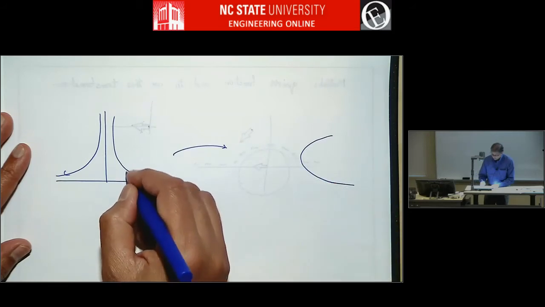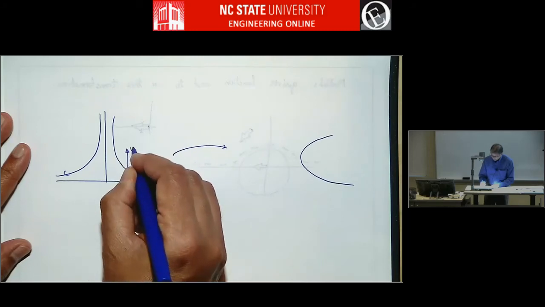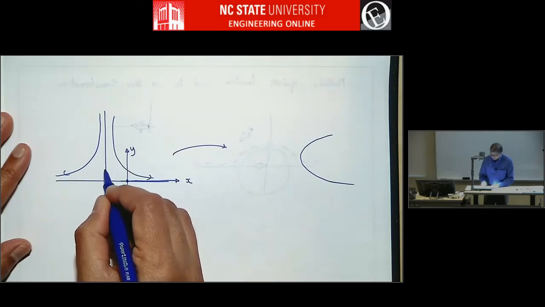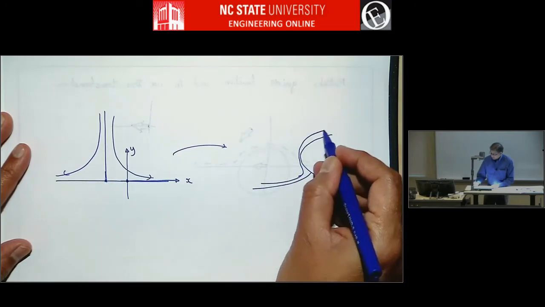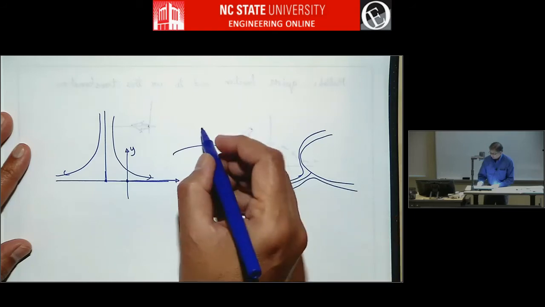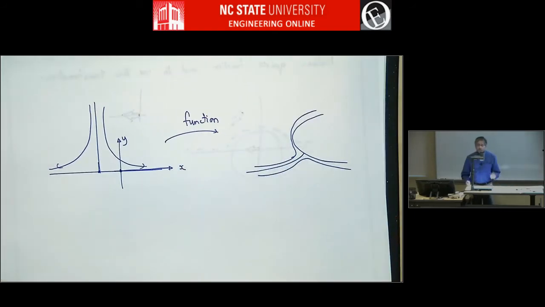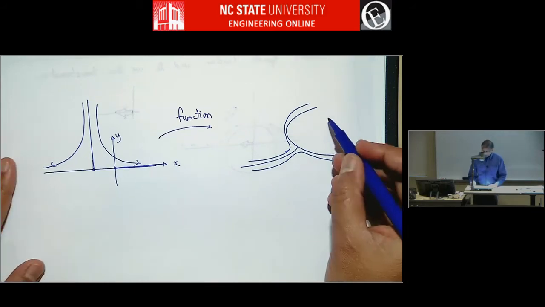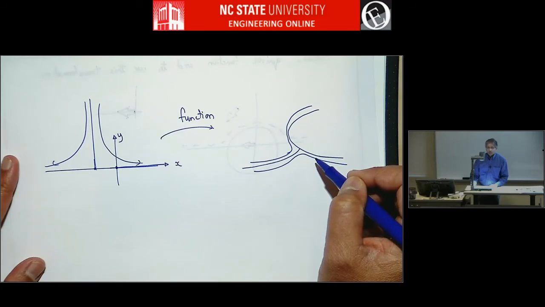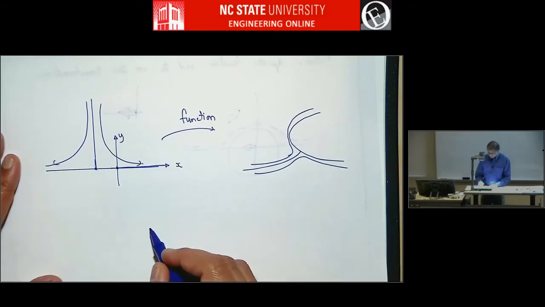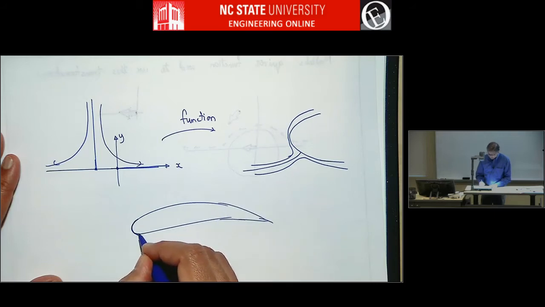So let's say the origin is here. If this point is not at the origin, you'll get stagnation flow past a parabola if you use the correct function. So he uses this to get an analytic description of the flow around the leading edge of an airfoil. Most airfoils, you can approximate the leading edge region as a parabola.